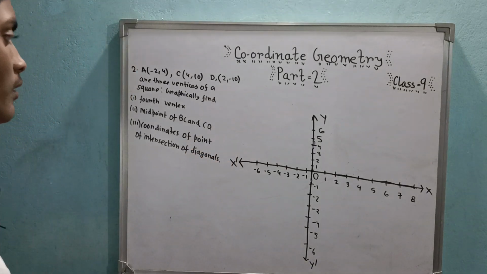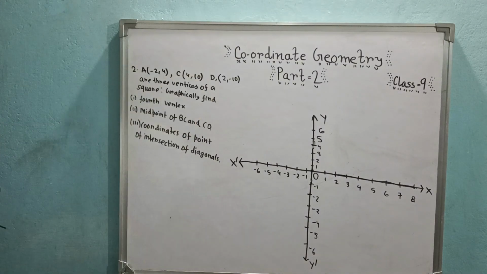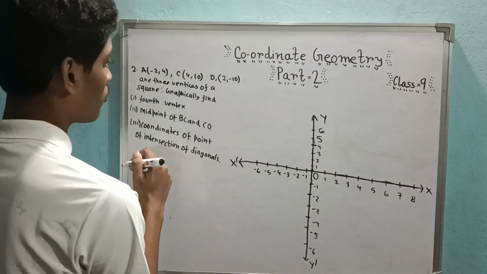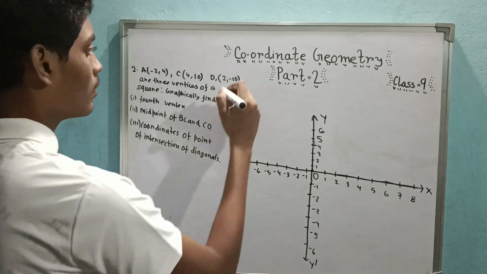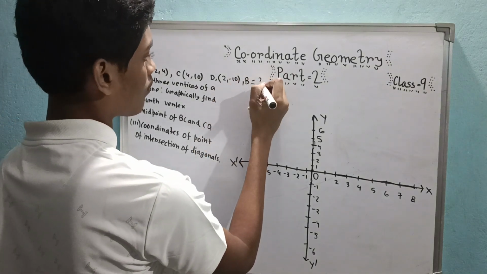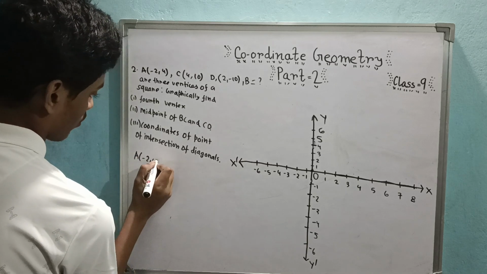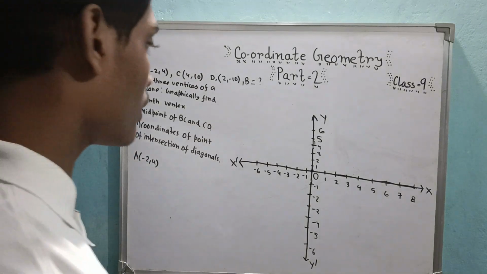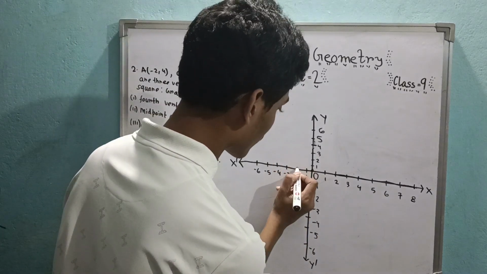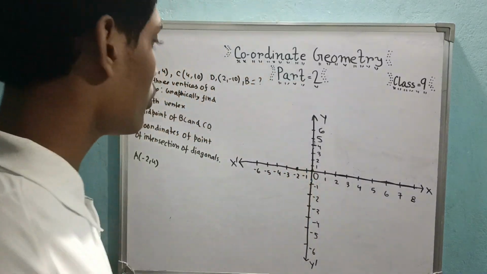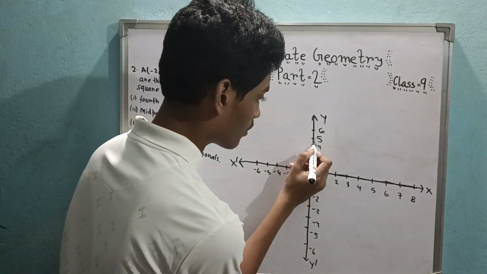So this is easy, right? Let's first take points A, C and D, and fourth vertex means you have to find B. So B is missing. A is minus 2 comma 4. Let's plot it. Minus 2 units on the x-axis here and 4 units on the y-axis, that means here.